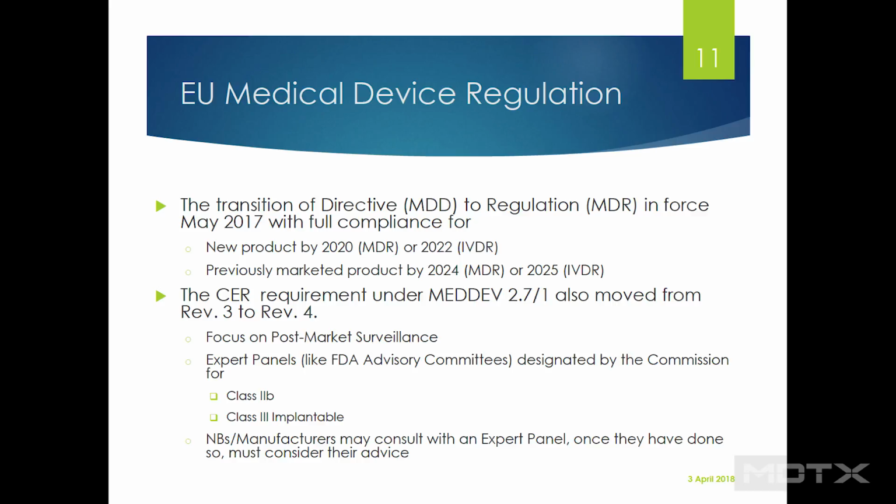You don't have to go seeking it unless you have a product in that category. However, once you do seek an opinion, you have to consider it. So does the notified body, not just the manufacturer. The notified body and the manufacturer have to consider the opinion of that expert panel, right? And you might not like their opinion. Right? Once you have it, you have to incorporate it.